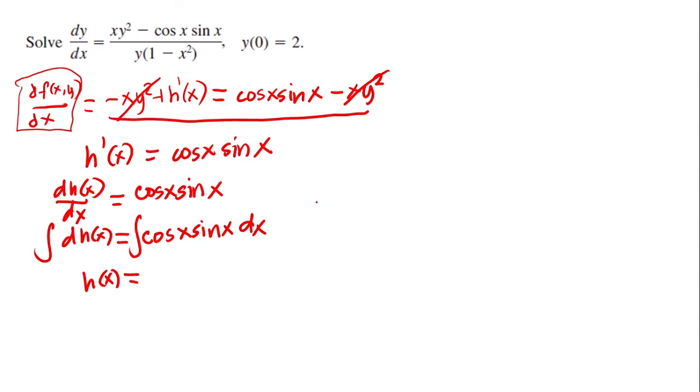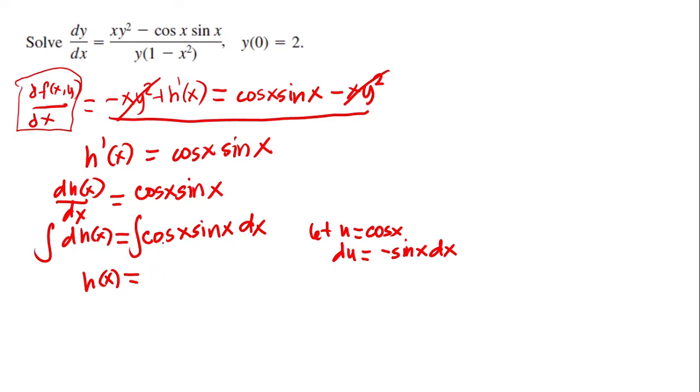Then for the integral of cosine x sine x, we let u equal cosine x, and du is negative sine x dx. Then we substitute this back into our integral.